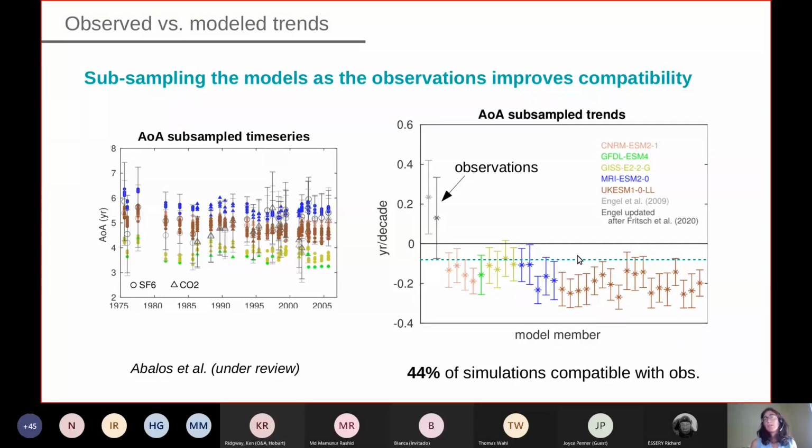But there's also another result, which is that some of these model simulations are actually compatible with observations, in the sense that error bars overlap. Okay, so of course this is not an agreement, and there's still a lot to do to understand this, but this goes in the direction of warning that we need to make a more apples to apples comparison in order to better understand this discrepancy and to try to reconcile results.